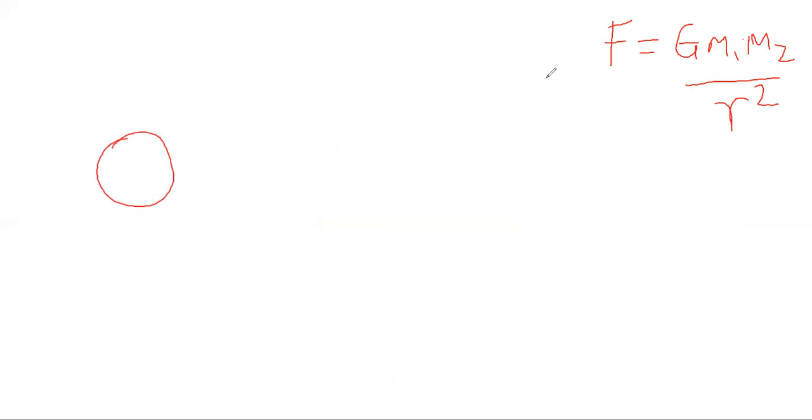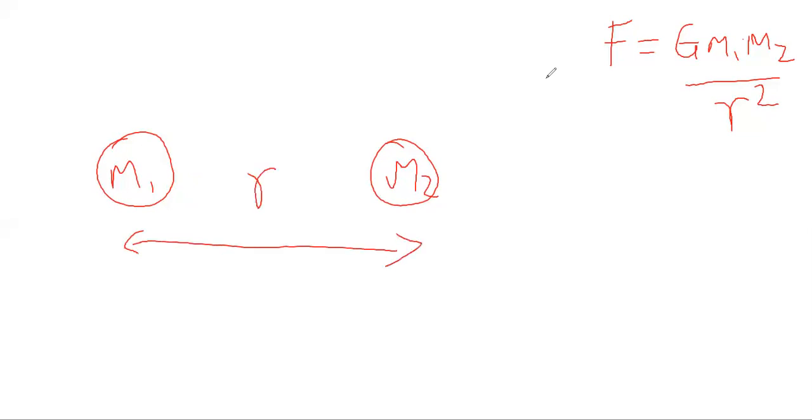Here's two planets, M1, M2, and they're separated, to their centers, I've drawn it to the edge, let's do that more accurately, to their centers of gravity by r. They're not separated by r squared, they're separated by r. But in the calculation, we would use r squared.